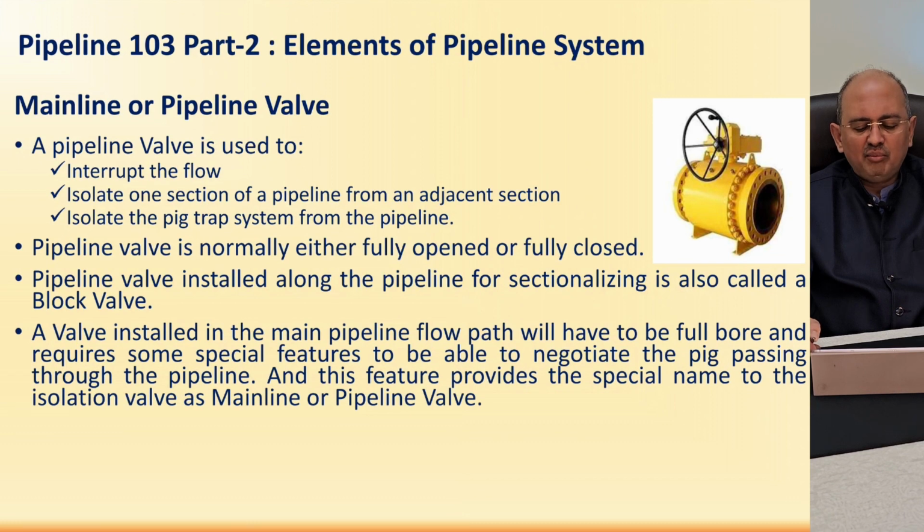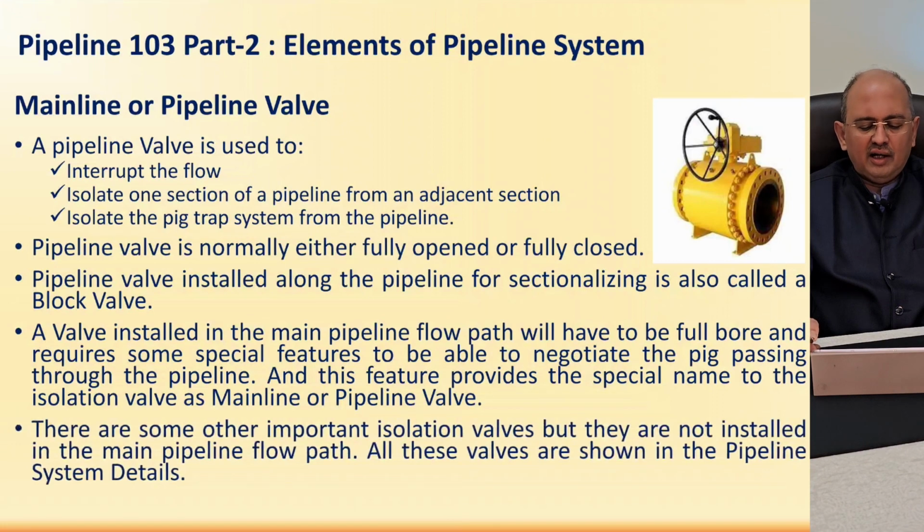Valves installed in the main pipeline flow path have to be full bore and require some special features to be able to negotiate the pig passing through the pipeline, as I explained earlier. Because of this feature, these valves are named mainline valves or pipeline valves. You can always find this title used for such valves: mainline valve or mainline operating valve, MOVs, typically in the oil and gas pipeline industry.